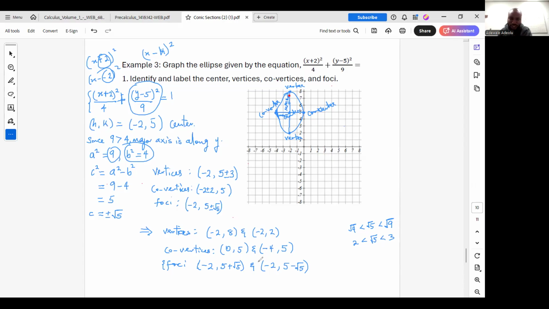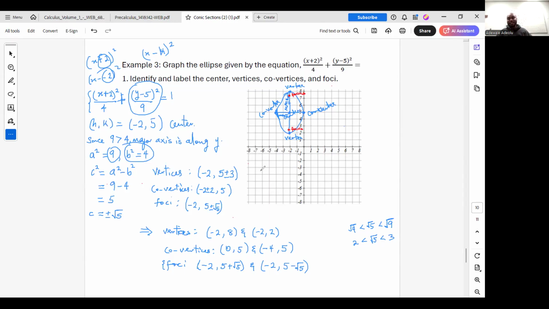And then negative 2, comma, from 5, I'm subtracting something that is more than 2, so it will be somewhere here. So that is focus, focus.